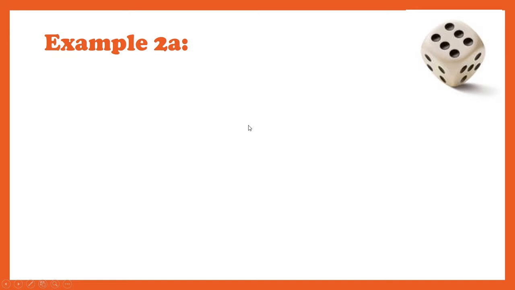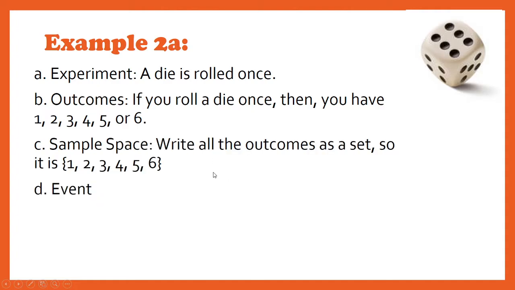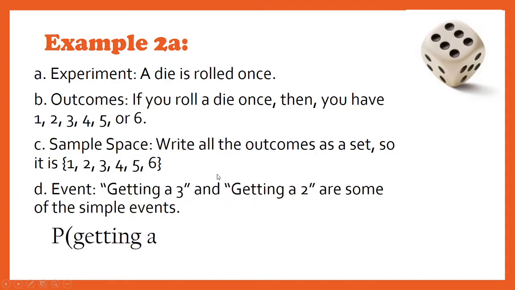Okay, so let's have example 2A. The experiment, balikan natin yung kanina: a die is rolled once. Okay, so ito yung kanina. Kukunin na po natin yung probability niya. So, the probability of getting a 3 is 1 over 6.